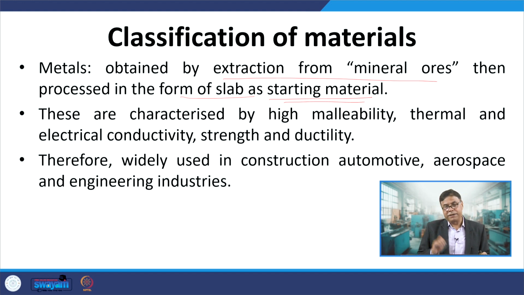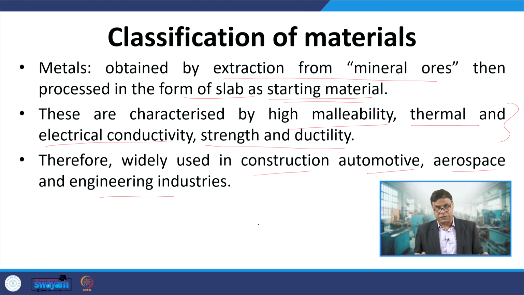The metals are usually characterized by high malleability so that they can be deformed easily, thermal and electrical conductivity, good strength and ductility, and because of these attractive characteristics, these are used in construction, automobile, aerospace and engineering industries.